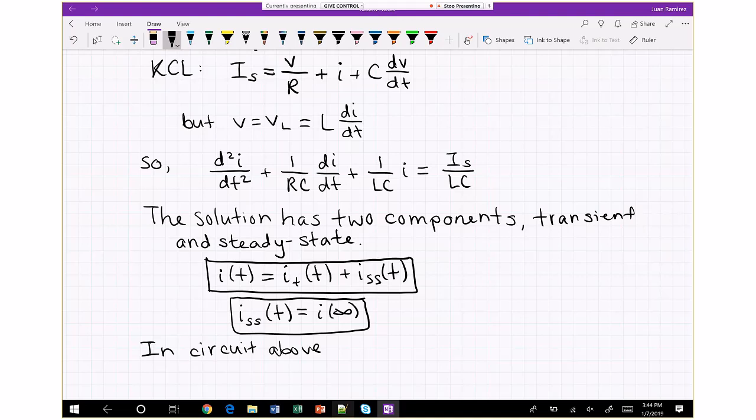Therefore, the steady state current will be equal to IS.